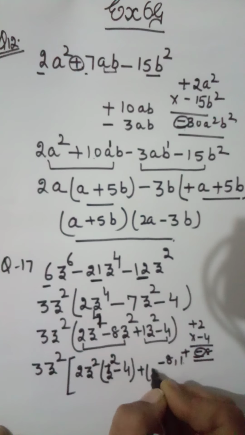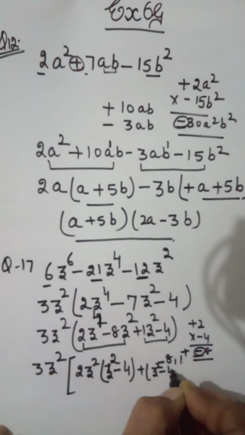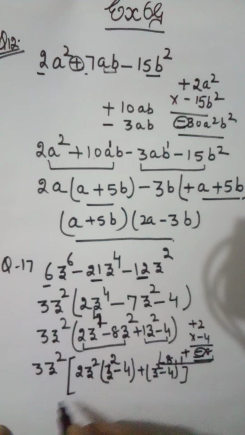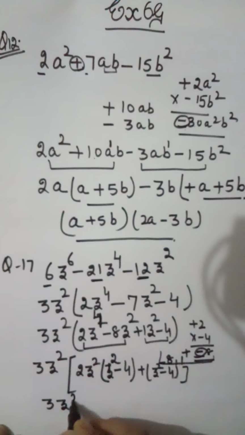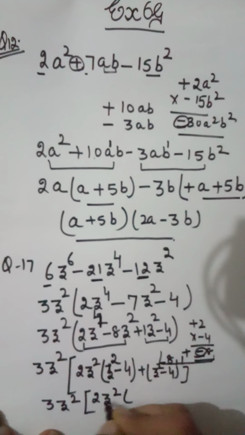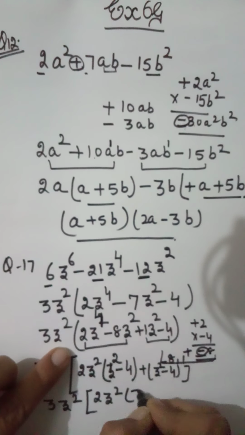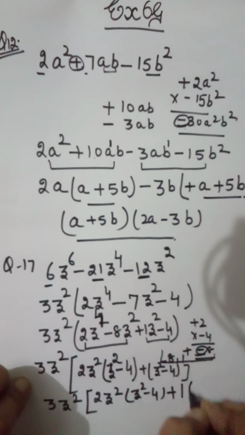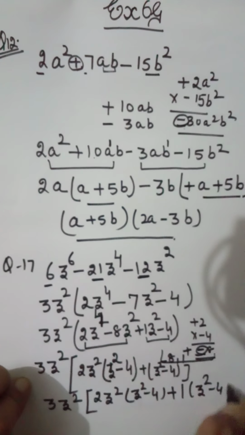Plus 1. Then what is left? z2 minus 4. Clear? Now again I write it 3z square, 2z2 and clear. 2z2 is common, then you will be left with z2 minus 4, plus 1 is common. What is left? z2 minus 4.